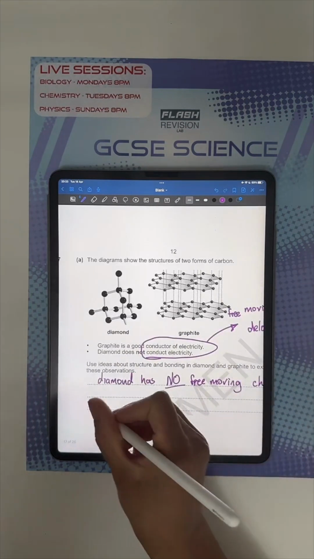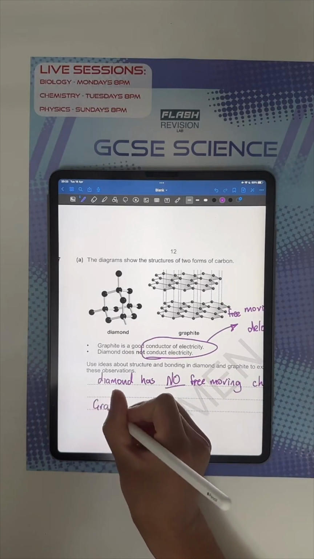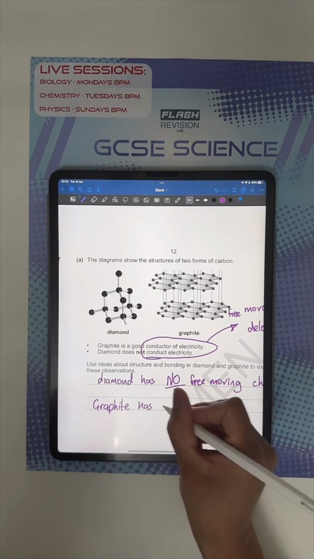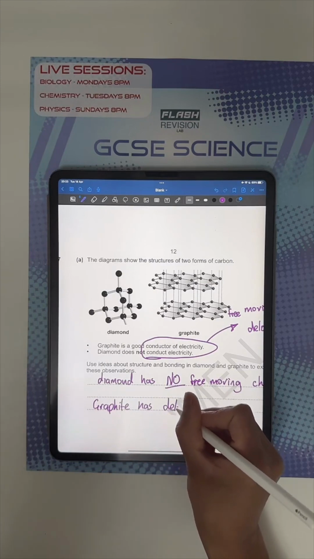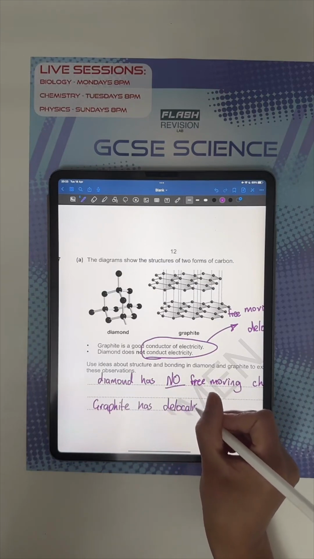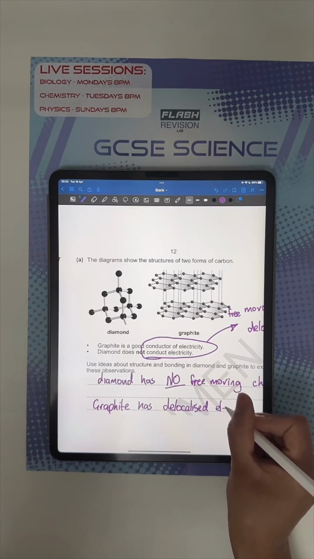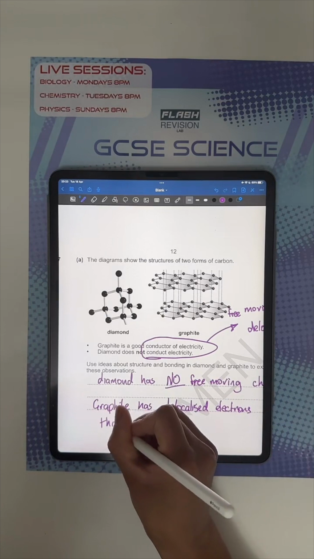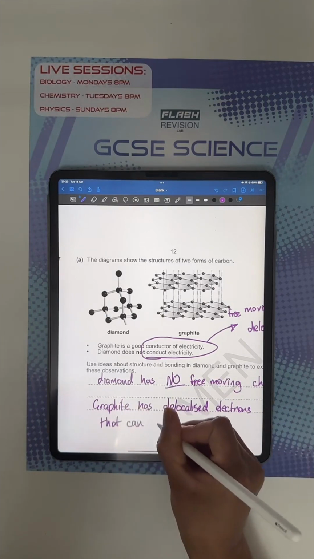Now for graphite, it has delocalized electrons that can carry a charge.